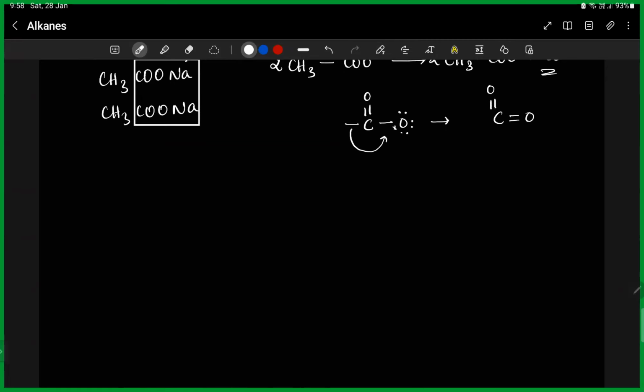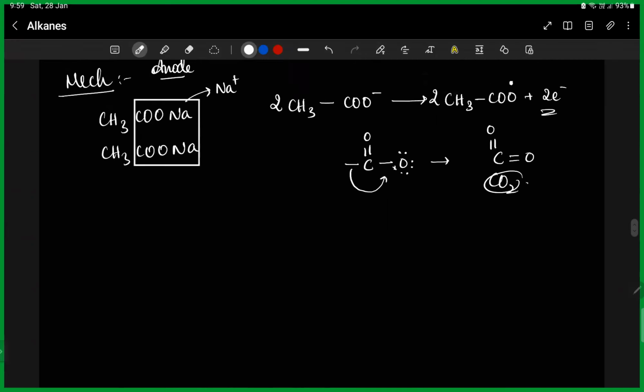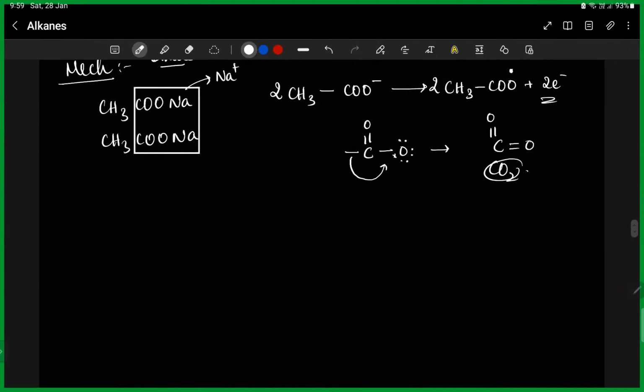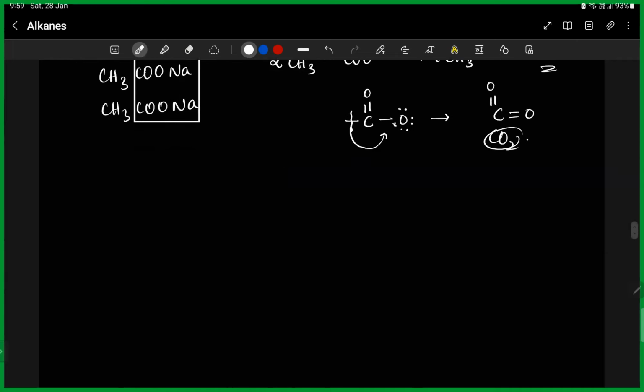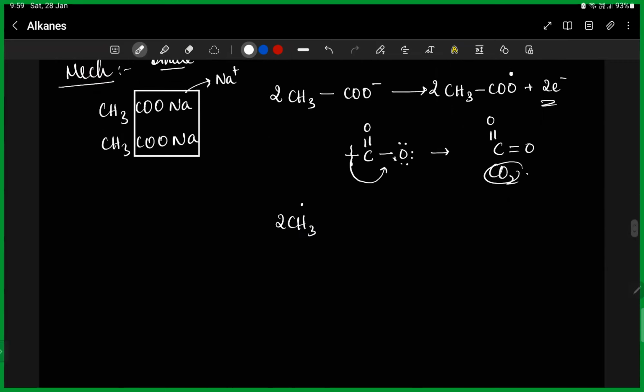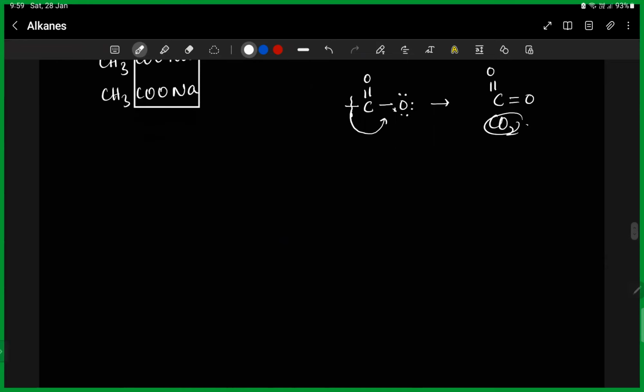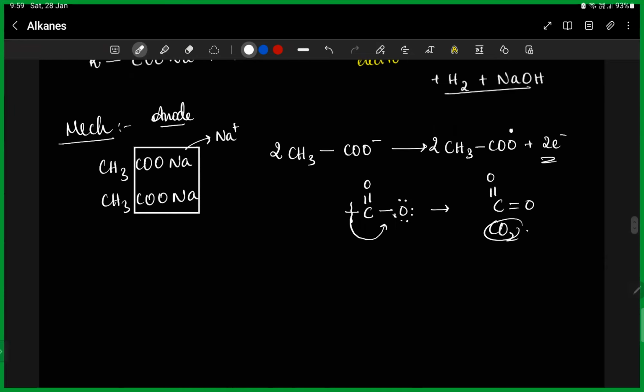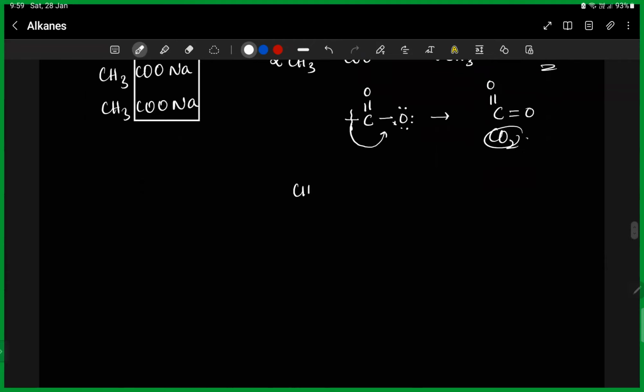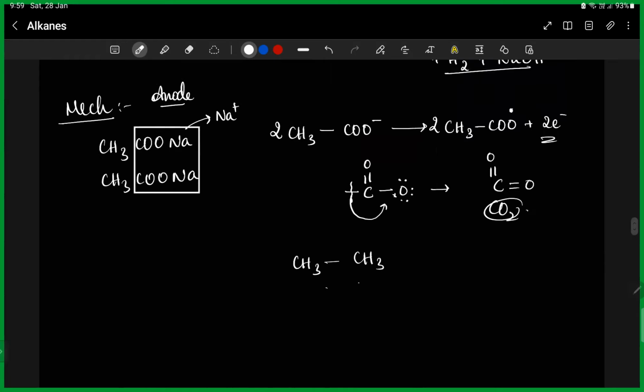It is nothing but, as you expected, CO2, carbon dioxide. So carbon dioxide is released, and the remaining radical. Here we can clearly see homolytic cleavage is taking place, right? So you'll get two CH3 radicals. What would happen next? A CH3 radical makes a bond with another CH3, and a CH3–CH3 bond is formed. So this is how the anode reaction takes place.